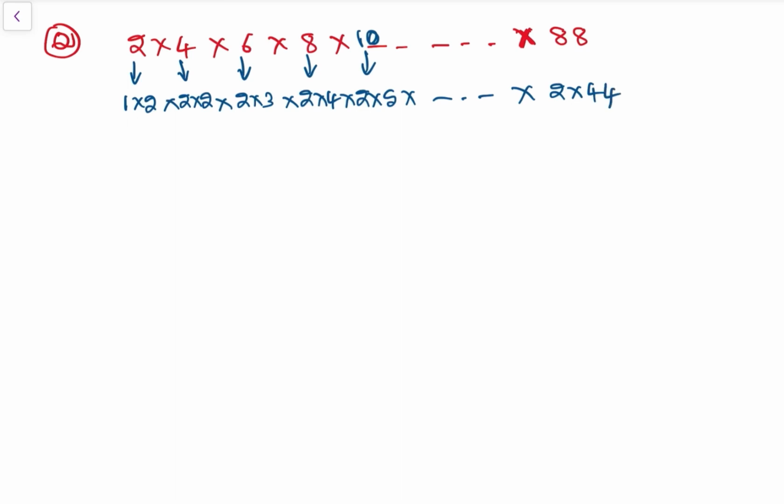So from this what we are getting is, जैसे इसको लिखो 2 into 1, 2 into 1, so we are getting 2 here, 2 2 2 2 2.